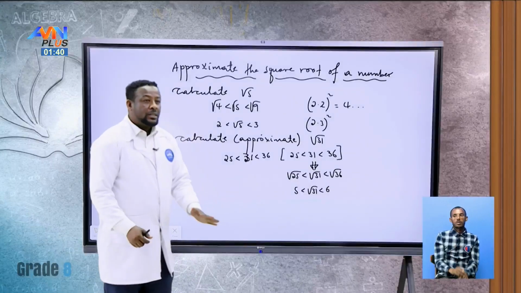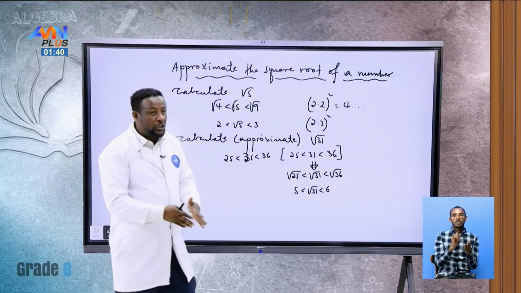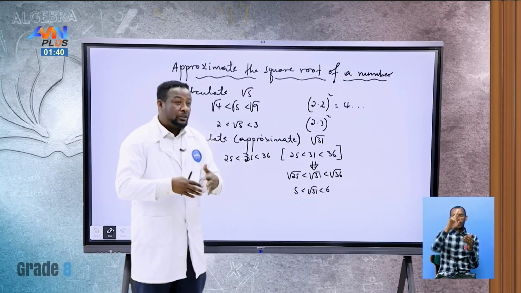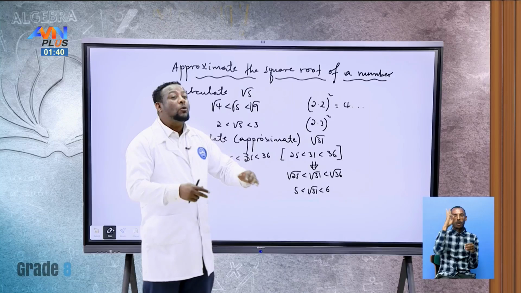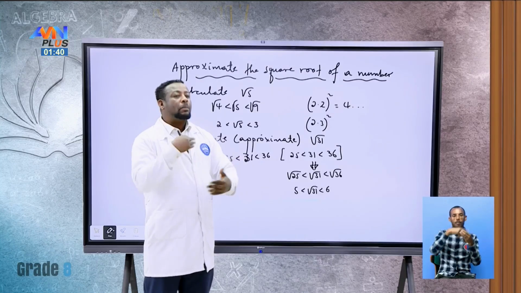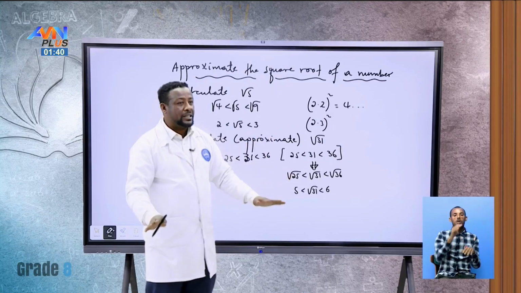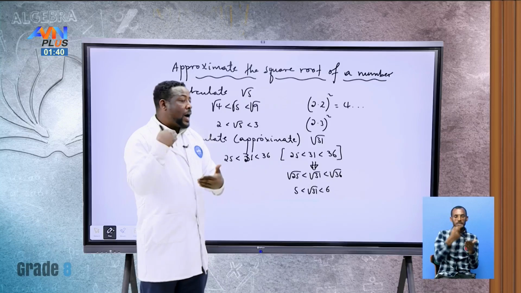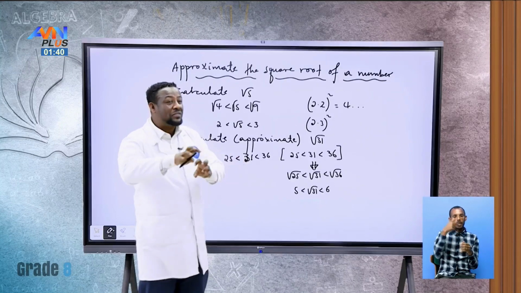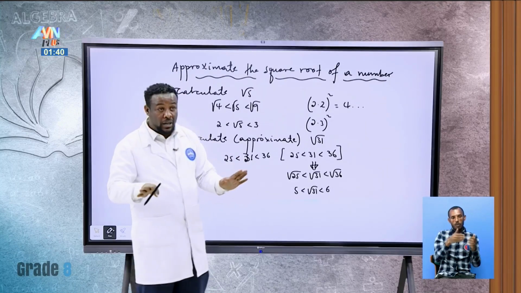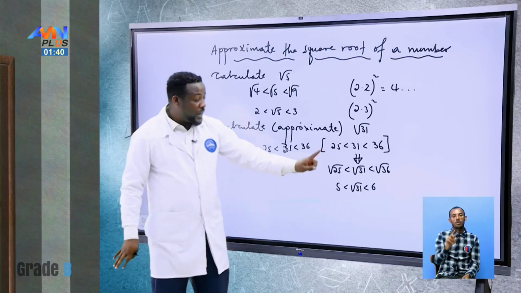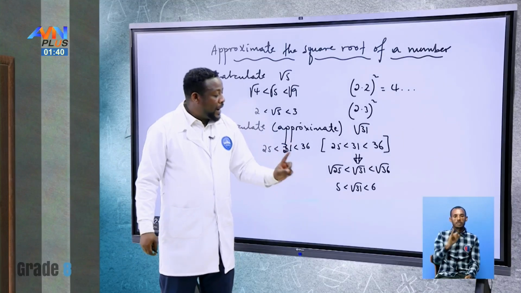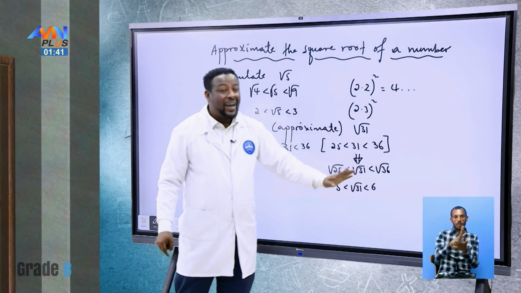Okay? This is a rough approximation of radical 31. Students, you will learn more about better approximations of some radicals. But at this stage, I'm telling you how you can roughly approximate radical 31. So obviously, radical 31 is a number between 5 and 6.